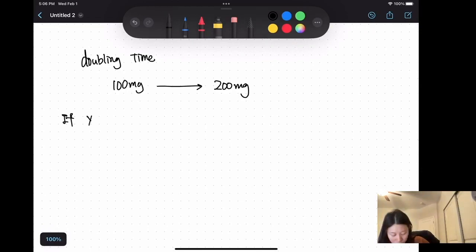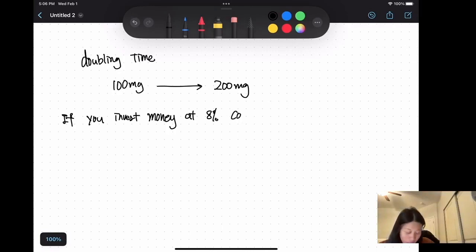If you invest money at 8% compounded quarterly, how long will it take your money to double?